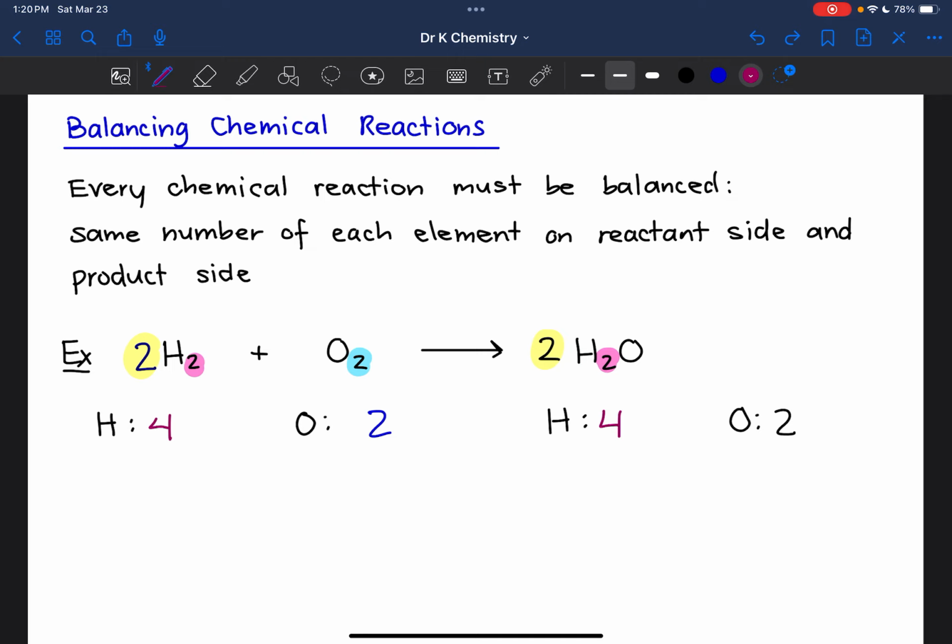So I do want to be clear about some of the terminology here. Let me erase the highlighting. Okay, so the numbers that I am writing in front of the formula, the ones that I am highlighting in yellow, those are what we call coefficients. Maybe I should do that in blue.